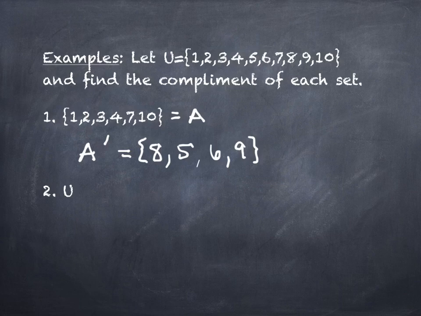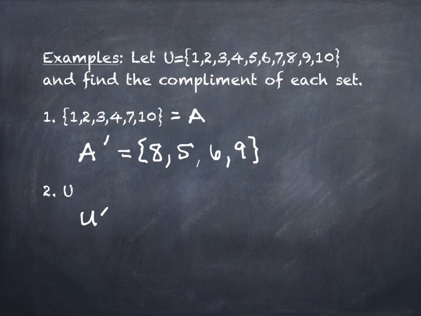Number 2 is sort of like a trick question. It isn't, but I want you to realize what's going on. So I'm trying to find U complement. Okay, so the very definition of complement says I want to find everything in the universal set that's not in the set that I just listed.